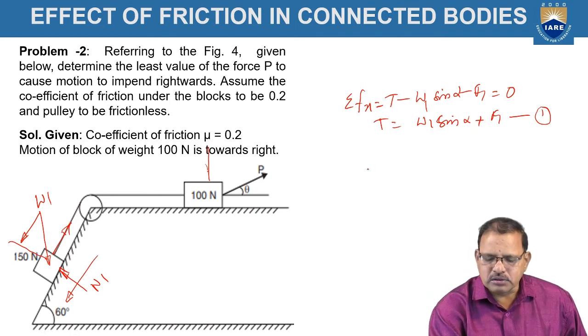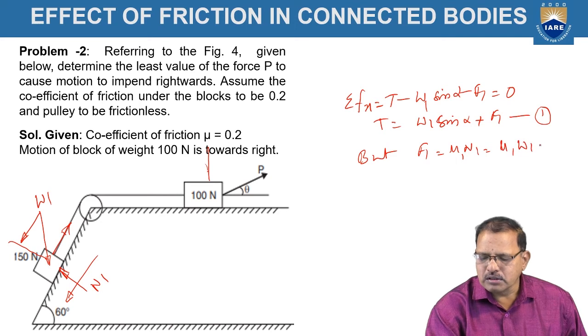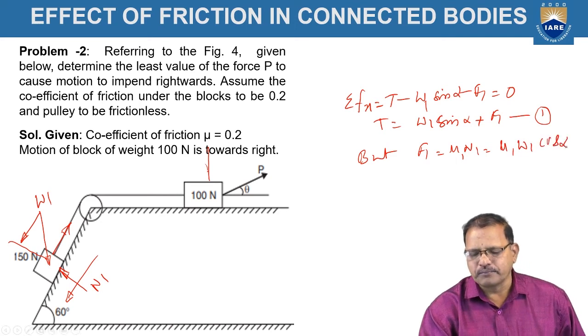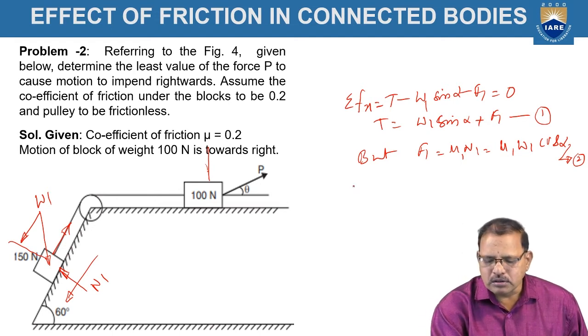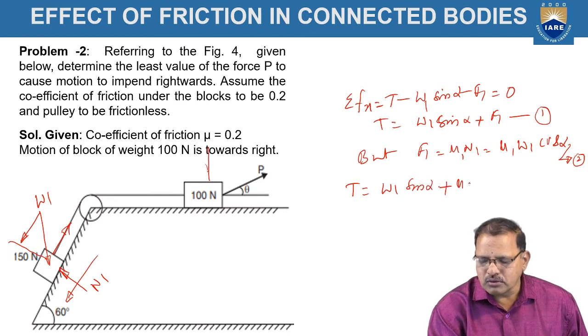But we have F1 is equal to mu N1, and we already got N1 is equal to W1 cos alpha. Substituting into equation number 1, we get T is equal to W1 sin alpha plus F1, which is mu W1 cos alpha.